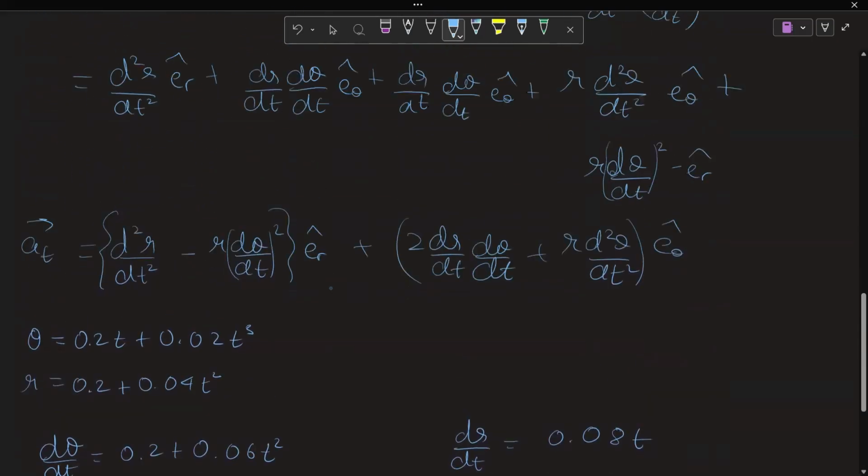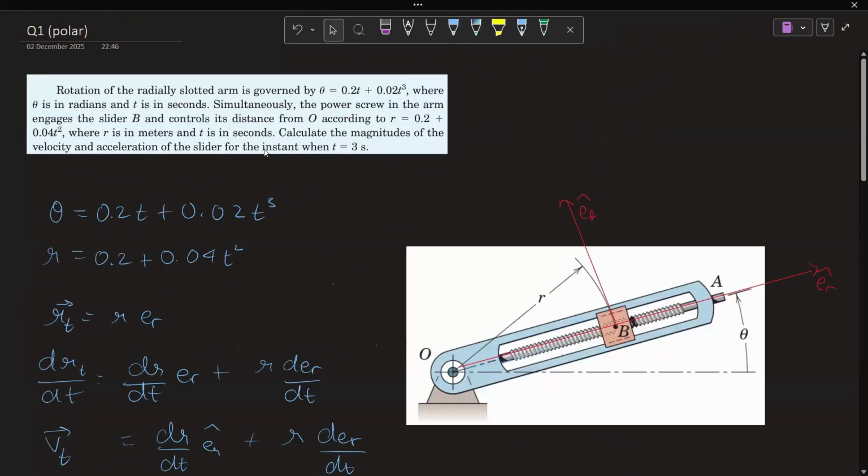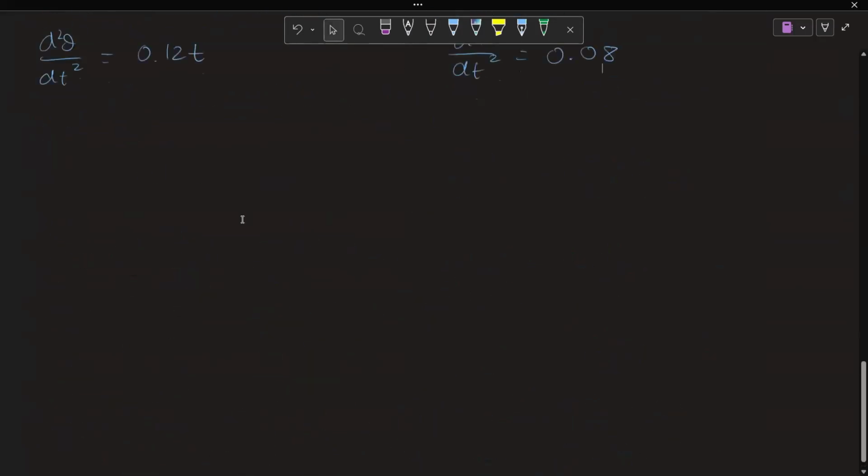The question is asking us to find the magnitudes of velocity and acceleration at time t equal to 3 seconds.